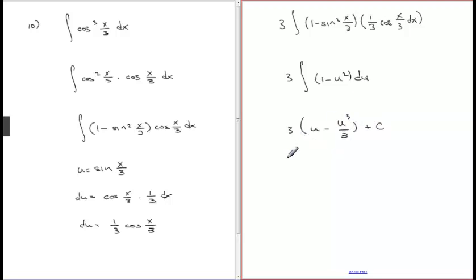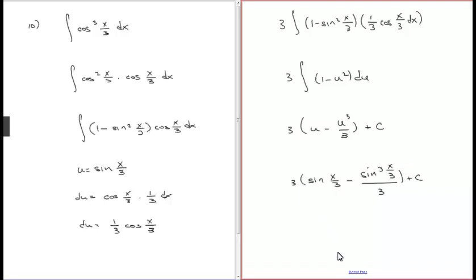And then we'll make the substitution back in, so we'll have 3 times the sine of x over 3 minus the sine cubed of x over 3 divided by 3, the whole thing plus c.